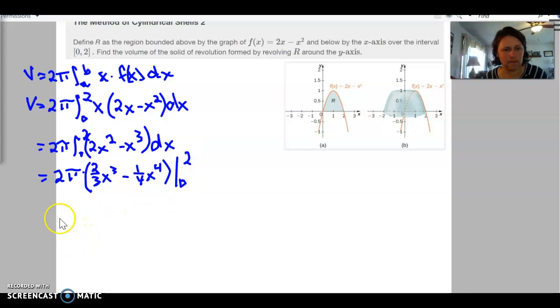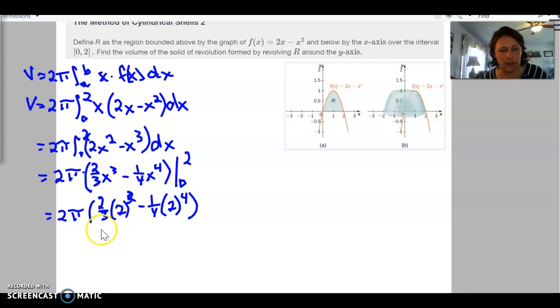All right. And then we're going to have 2 pi. Also, on your homework when you're doing this, it is going to be asking for exact answers. So make sure you go through this and are finding the exact answers. 1/4 times 2 to the 4th. Okay, so that's supposed to say 2 cubed. 2 pi, and then we're going to have 2 cubed times 8 minus 1/4 times 16.